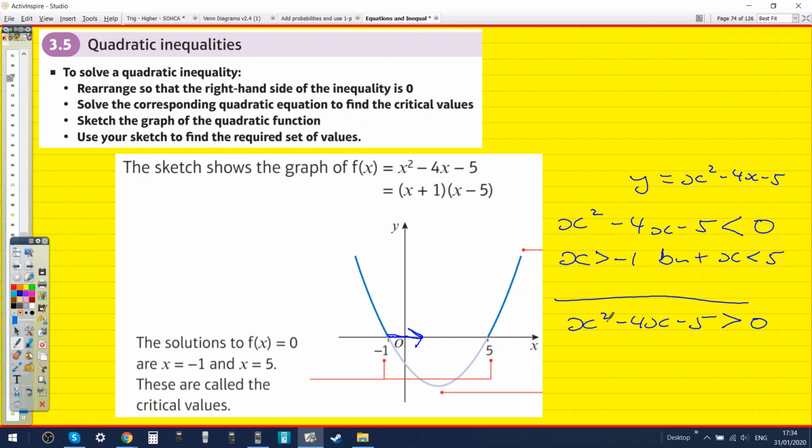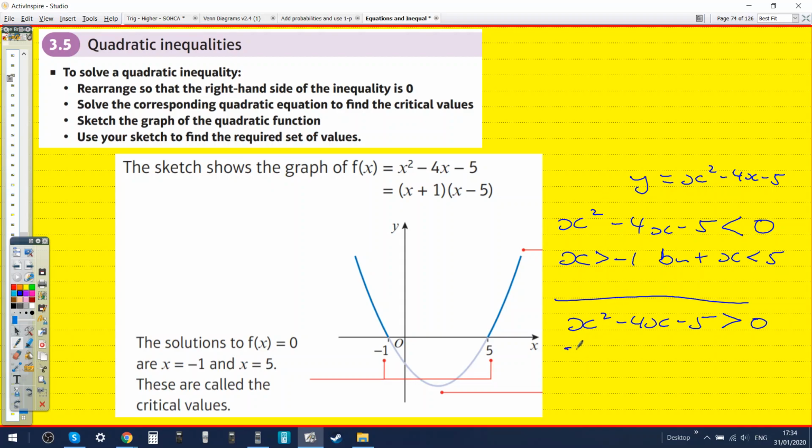So it will be greater than 0 when it's above the x-axis. So when it's above the x-axis, when x is less than -1.